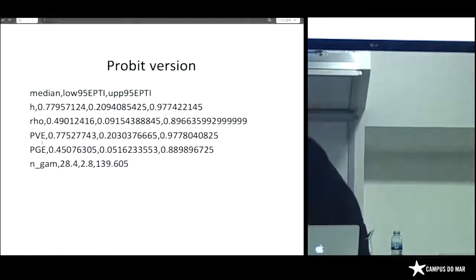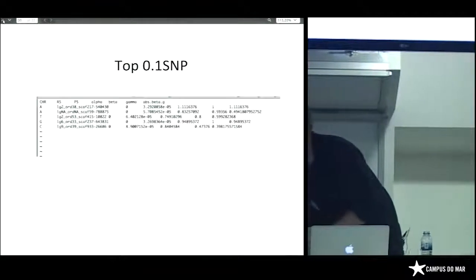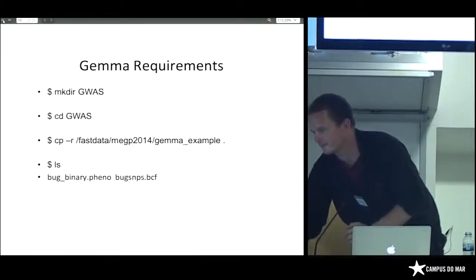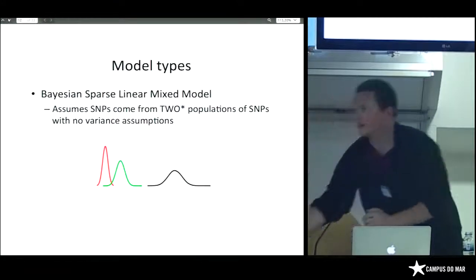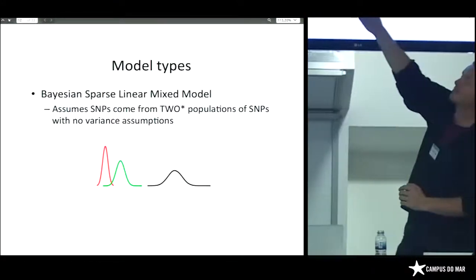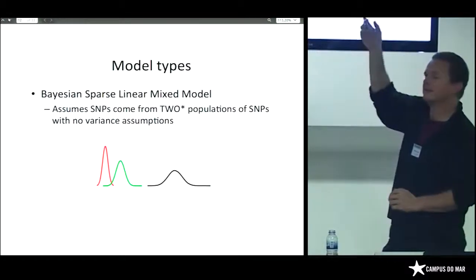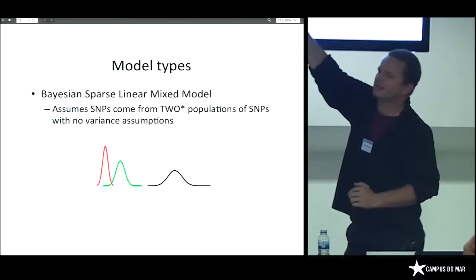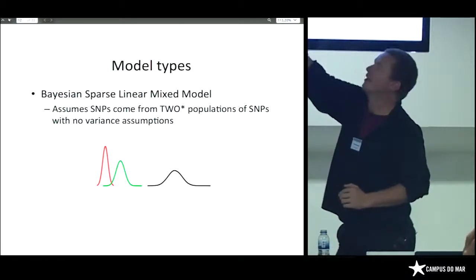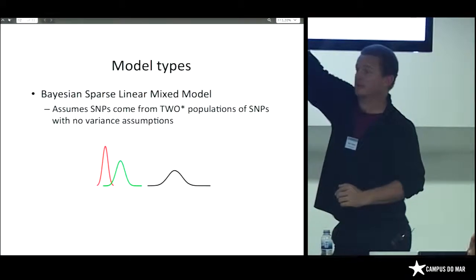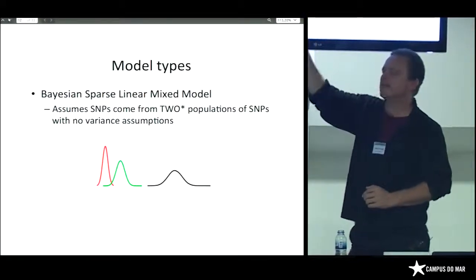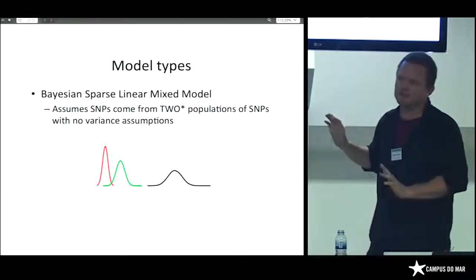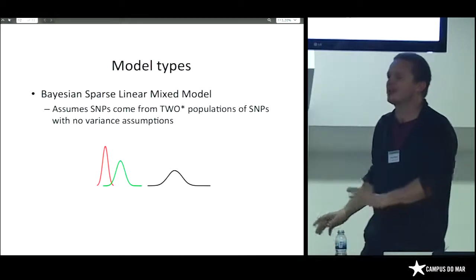So when we split our population of SNPs into these separate populations, so SNPs with large effect, so if this was effect size, so things that have a big effect are over here in this population of SNPs, things with small effect and things with no effect. This red one, the no effect, that's H. That's the proportion of all SNPs that are in that random effects population, not significantly associated with the phenotype.